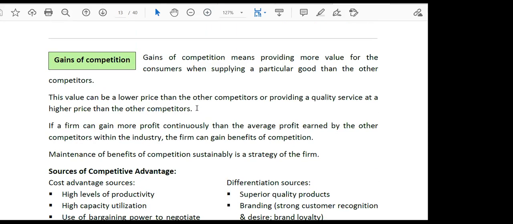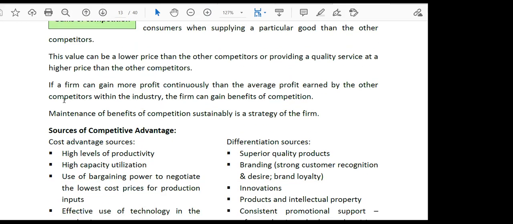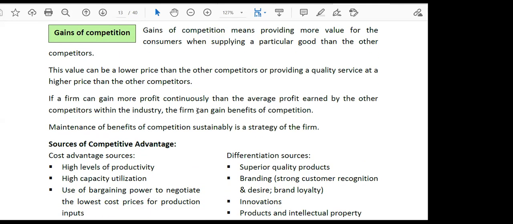A competitive advantage. So look at this: gains of competition. What is competitive advantage? Competitive advantage is where one firm is providing more value to a customer than its competitors.